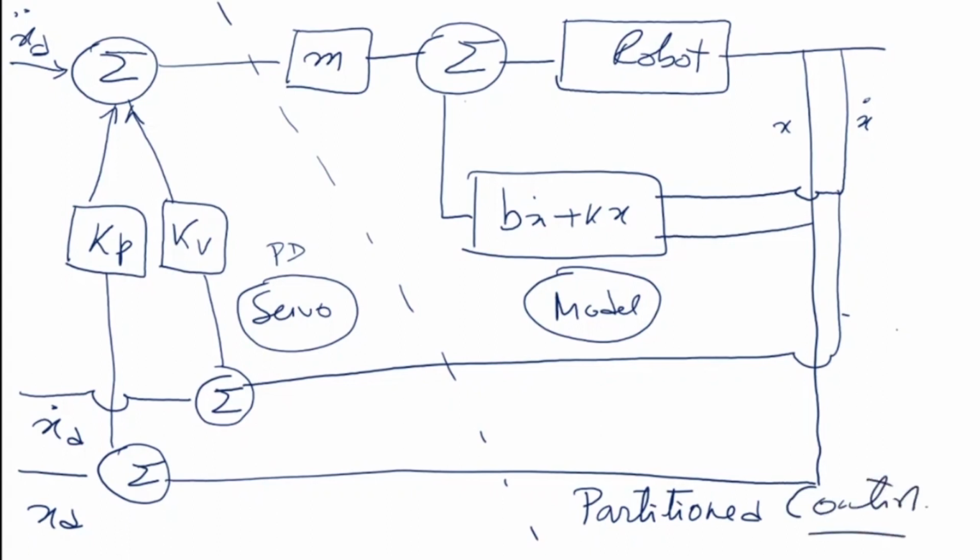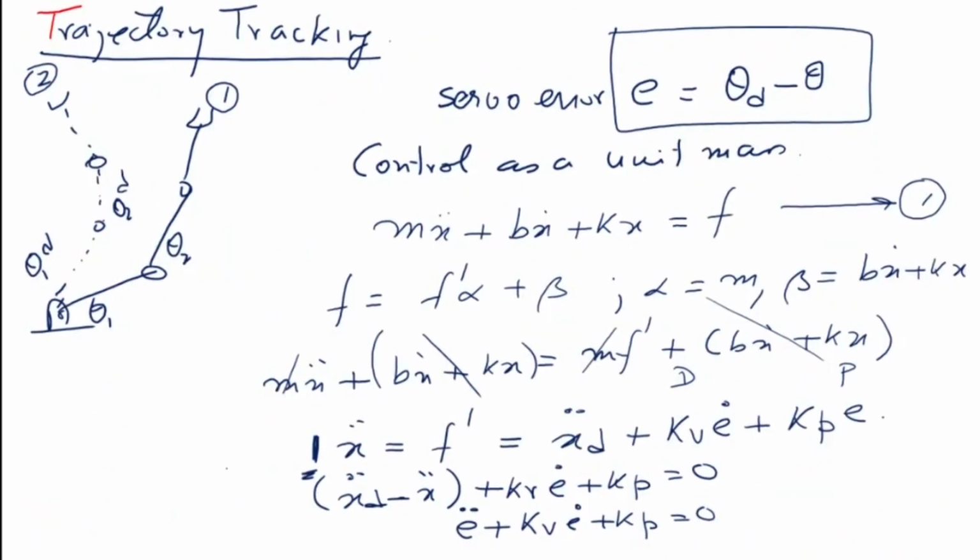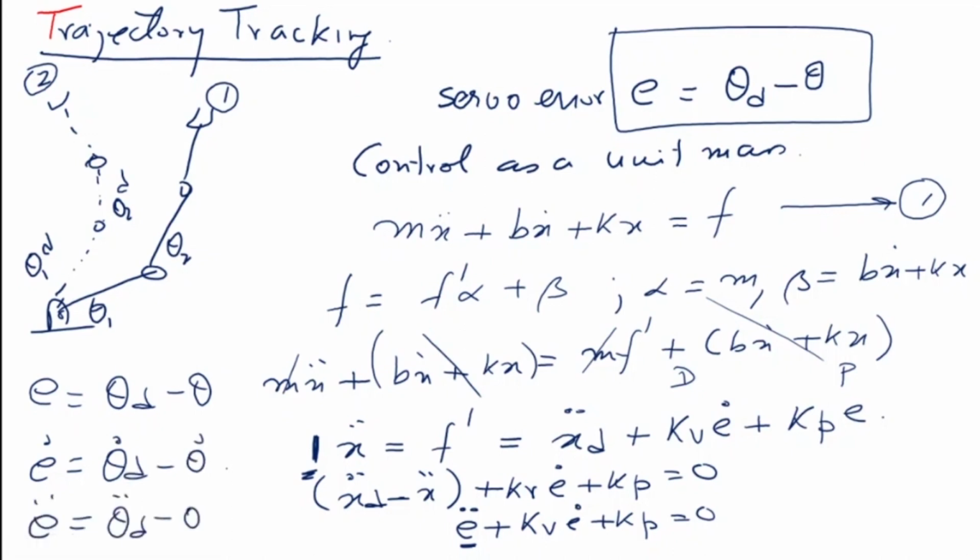Now we have seen that in the previous equation we had our equation in terms of E, where E is equal to theta D minus theta, E dot is equal to theta D dot minus theta dot, and E double dot is equal to theta D double dot minus theta double dot.